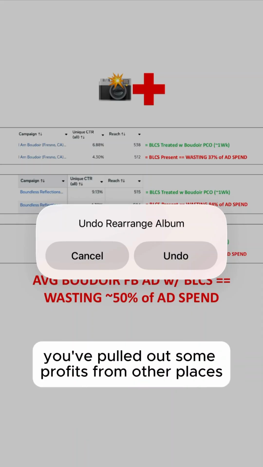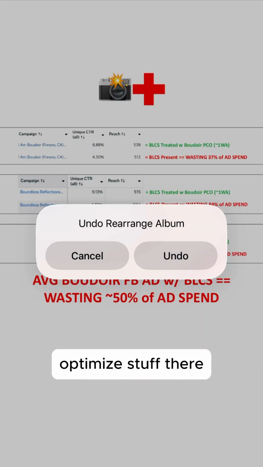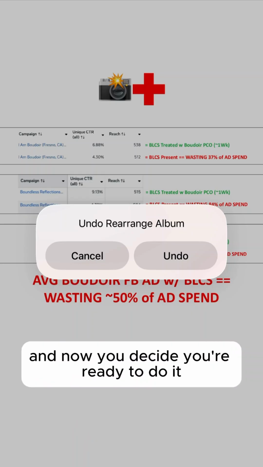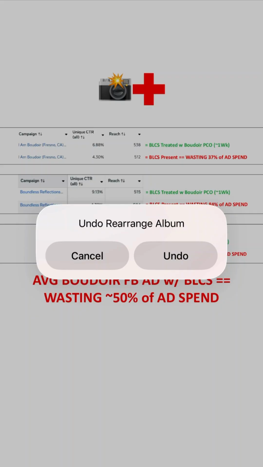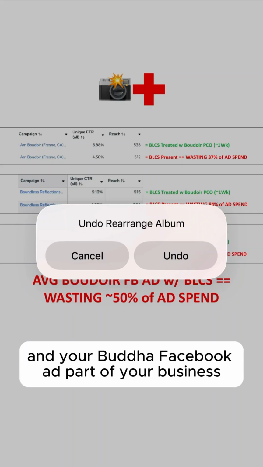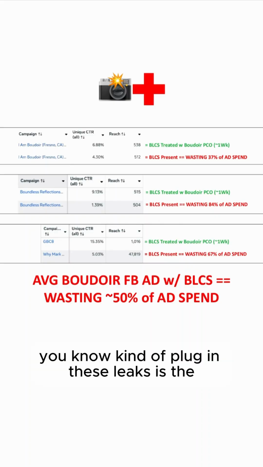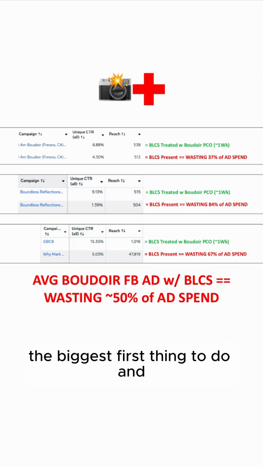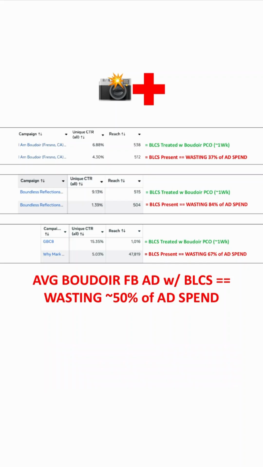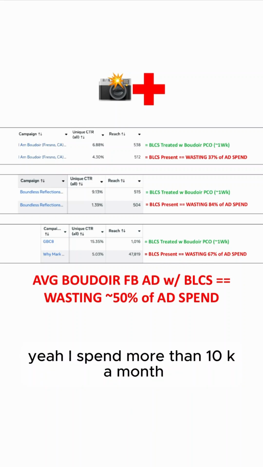So you've pulled out some profits from other places, optimized stuff there, and now you decide you're ready to do it in your Boudoir Facebook ad part of your business, by plugging these leaks, the biggest first thing to do, and you spend more than 10K a month.